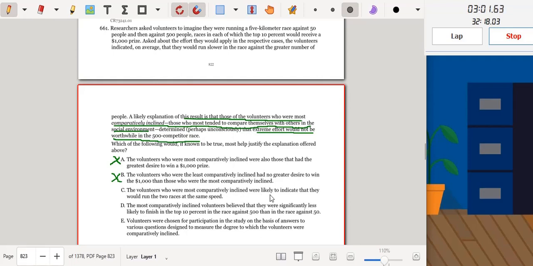The volunteers who were inclined were likely to indicate that they would run the two races at the same speed. No. The most comparatively inclined volunteers believed that they were significantly less likely to finish in the top 10% in the race against 500 than in the 50. Volunteers were chosen for participating in the study on the basis of answers to various questions designed to measure the degree to which the volunteers were comparatively inclined.